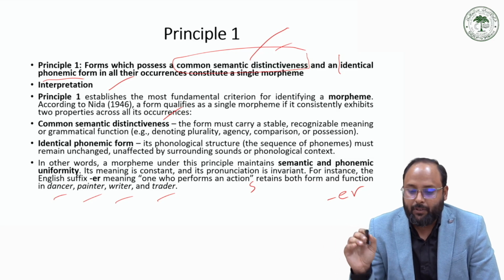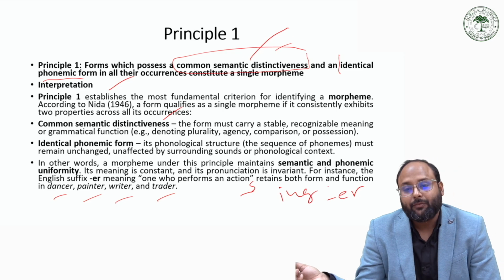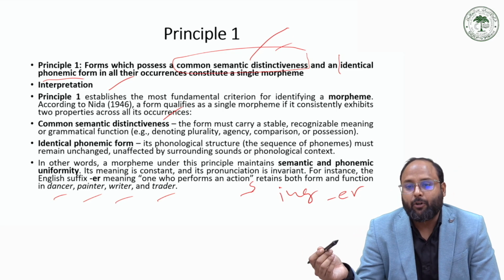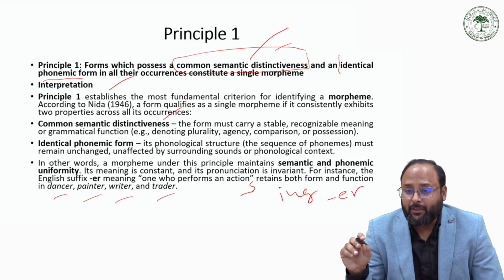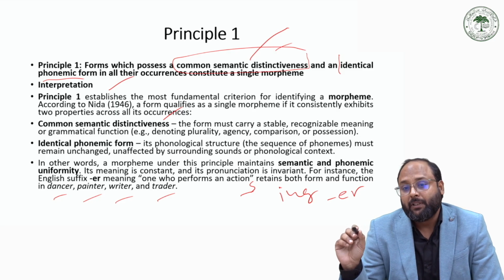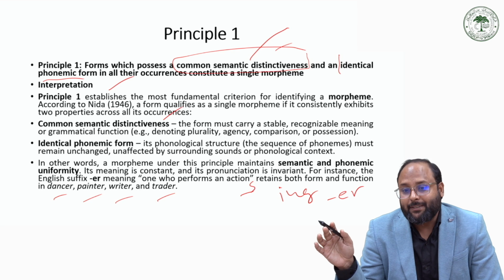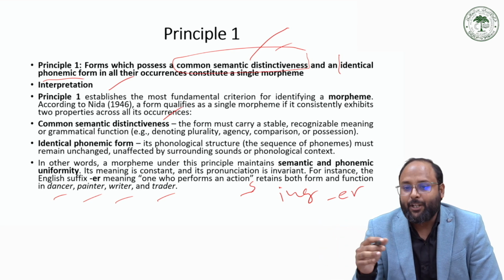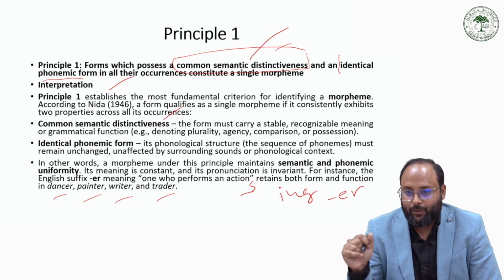So that is one morpheme, which is S. In the same way, we have ING. ING occurs in many verbs for making the progressive or continuous. It does not change across words, and it gives the same meaning of progressive in the verb. Sometimes, as in the gerund, it gives a different meaning, but we are talking only about the progressive aspect in the verb. So it gives the same meaning.